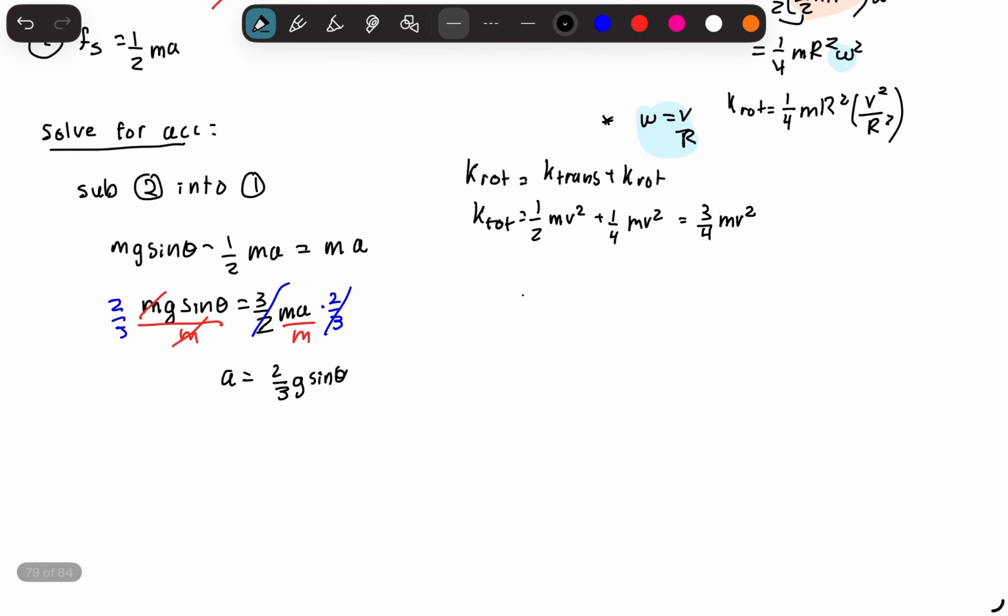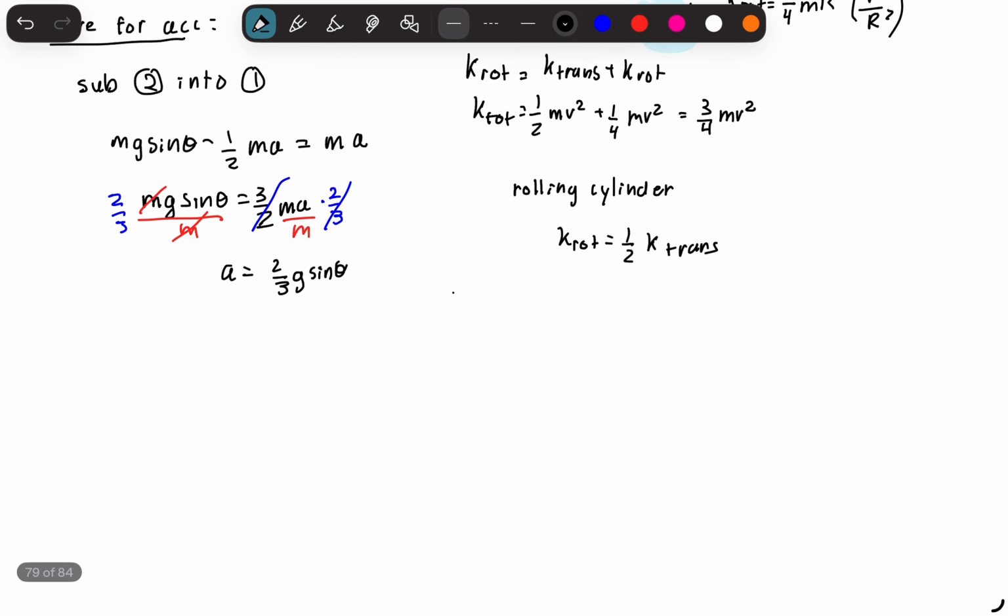This means that for a rolling cylinder, our K rotational is always going to equal 1/2 of our K translational, if we take the ratio of the two. So that means that the graph is linear on an incline.